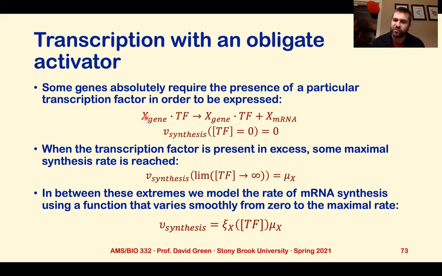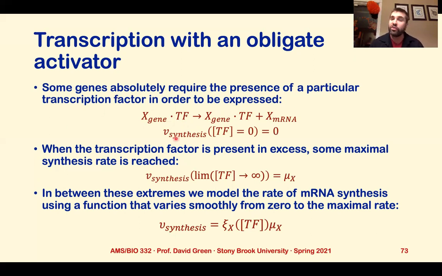We might think of the reaction that we're undergoing in this case as the transcription factor has to be bound to the gene. And so the gene is bound to the transcription factor at its promoter, and that leads to the production of mRNA, and the gene and transcription factor unchanged in this reaction.